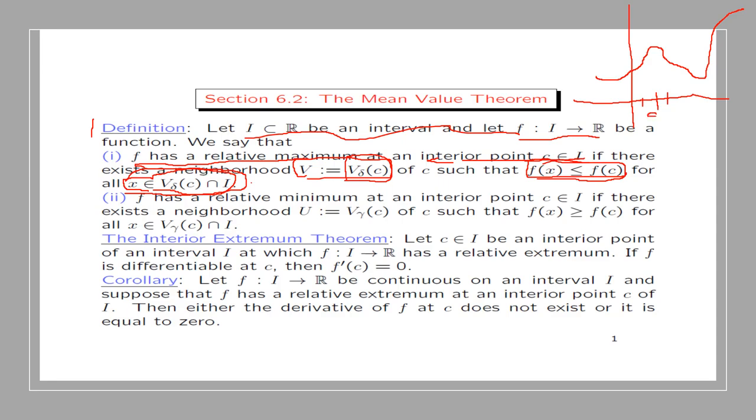If this is C, then this point will be C minus delta, and this other point will be C plus delta. This point is C.